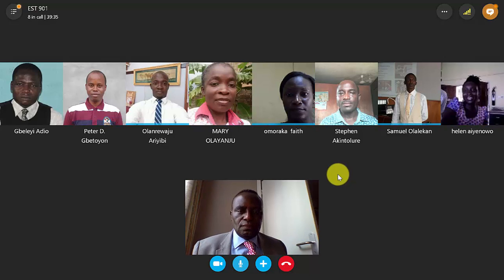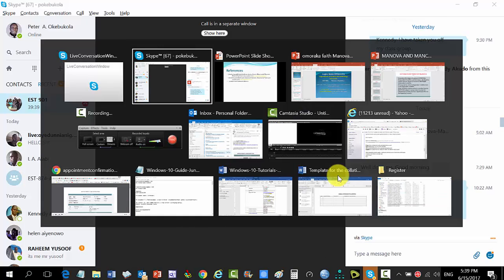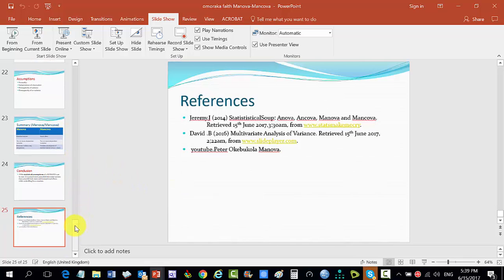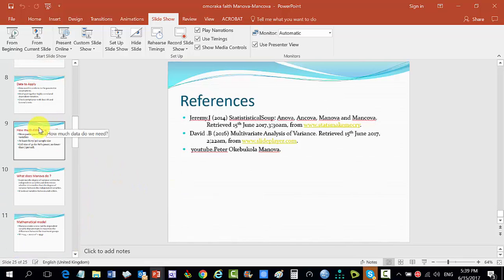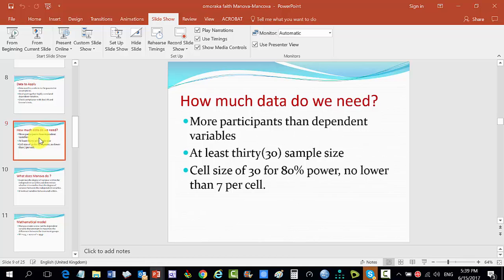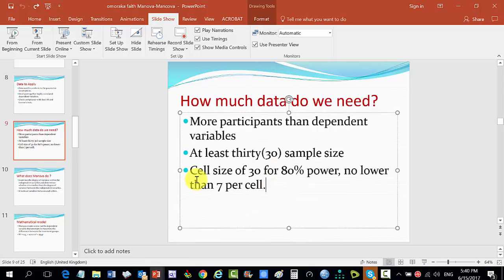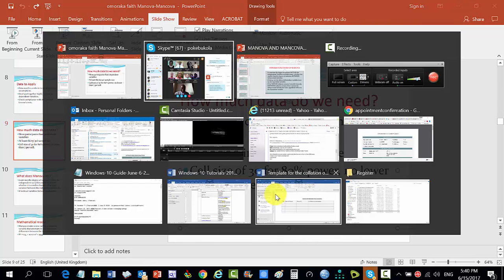That 30 means that your participants, when you are using your cell size, sometimes we have groups and we have different cells. Your cell size must not be more than 7 per cell. Do you get that? Mary, just say you get it.